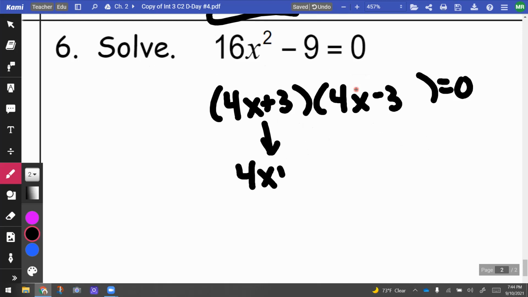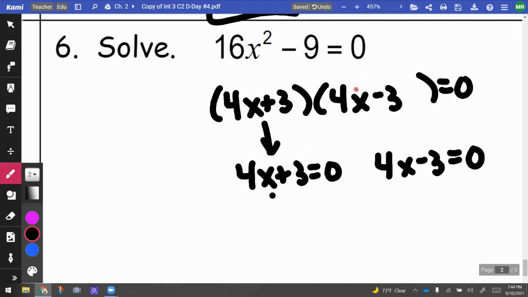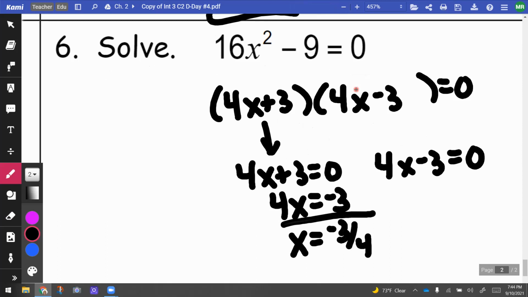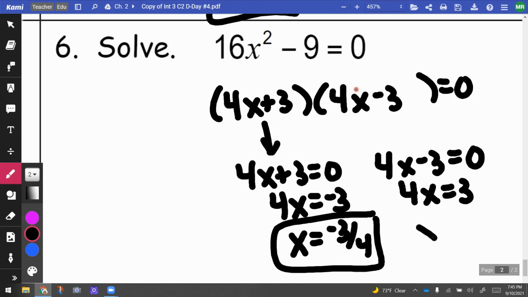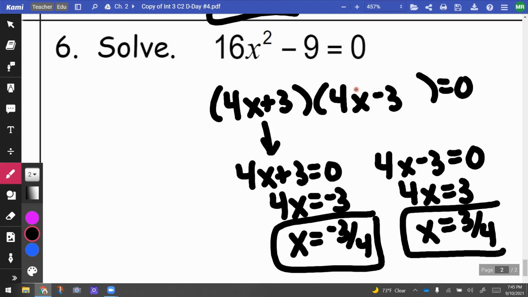So I get 4x plus 3 equals 0 and 4x minus 3 equals 0. So this is going to give me 4x is equal to negative 3. So x is equal to negative 3/4. I have 4x is equal to 3. So x is equal to a positive 3/4. And those are your two answers.